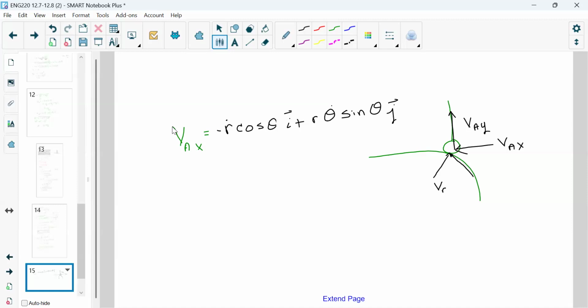The u sub r and u theta that you talked about earlier? Yes. So x is r cosine theta, y is r sine theta. So if we go back to our polar coordinates, x equals r cosine theta, y equals r sine of theta.